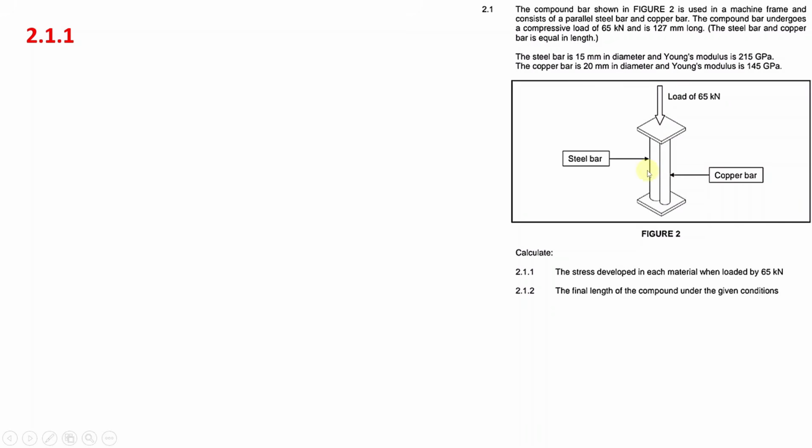In this case, the force that is in the steel is not the same force that is in the copper. You can imagine two people standing under a table and lifting it.